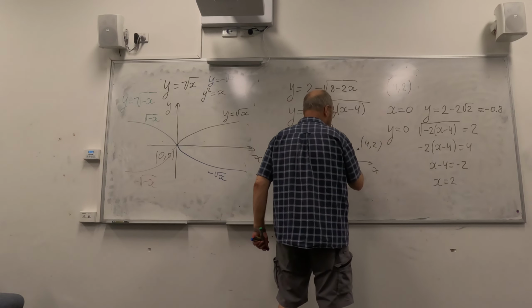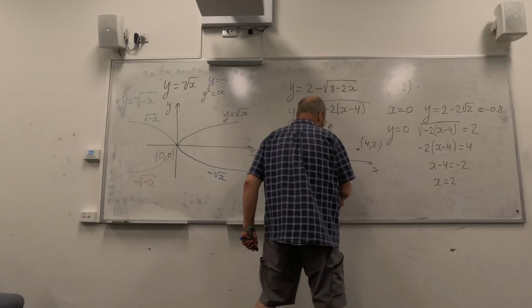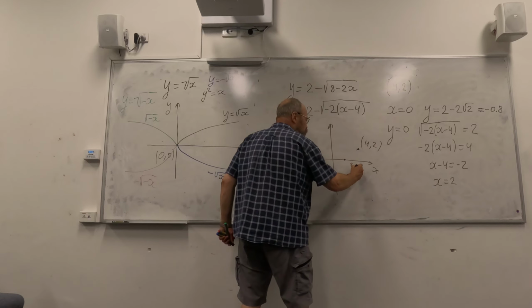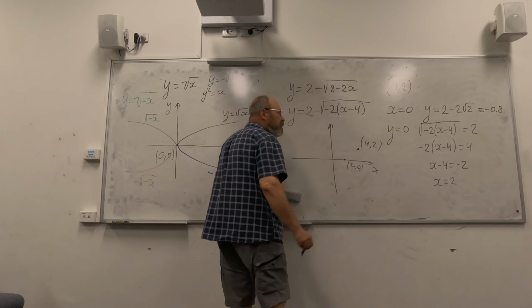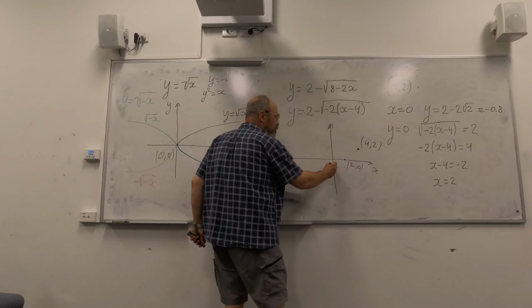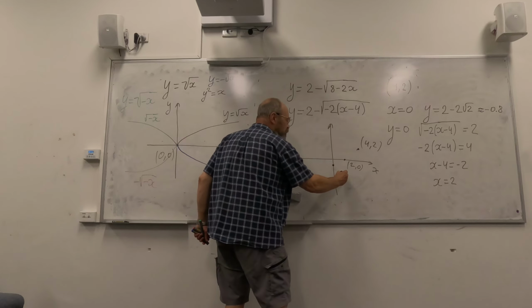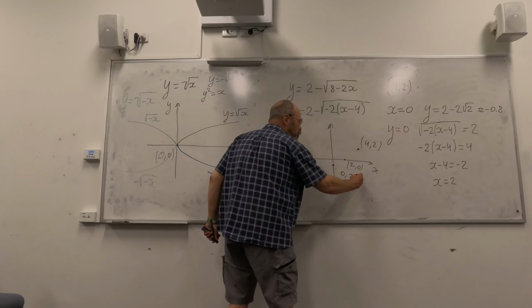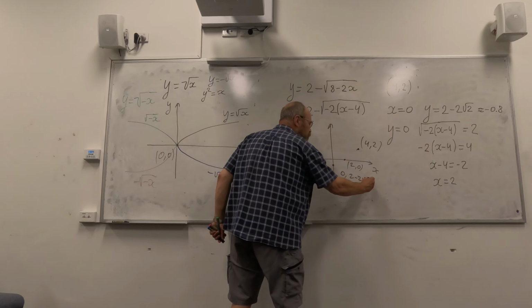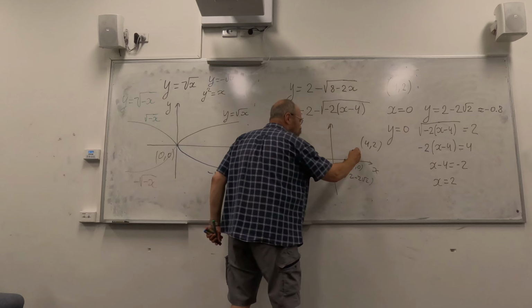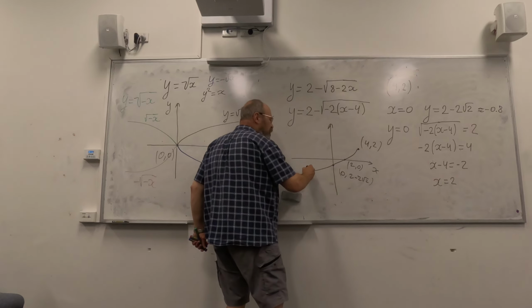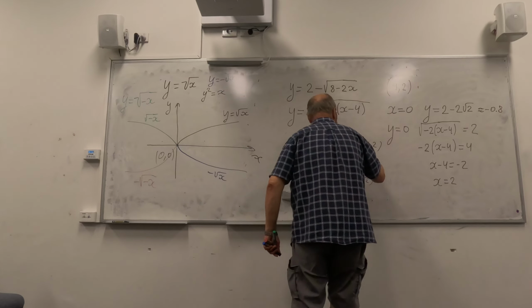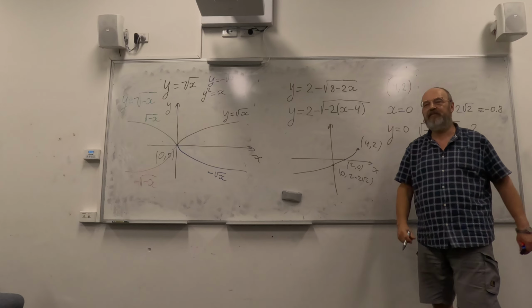We have x equals 2, x-intercept (2, 0), and the y-intercept is (0, 2 minus 2 root 2). So that will be the graph.